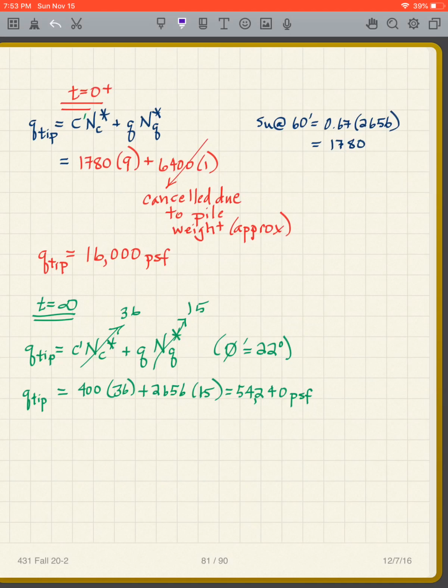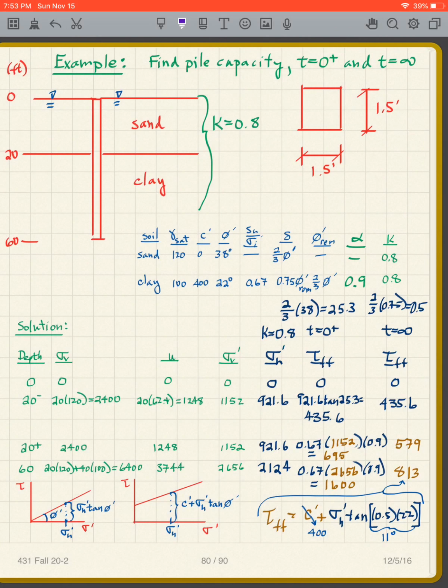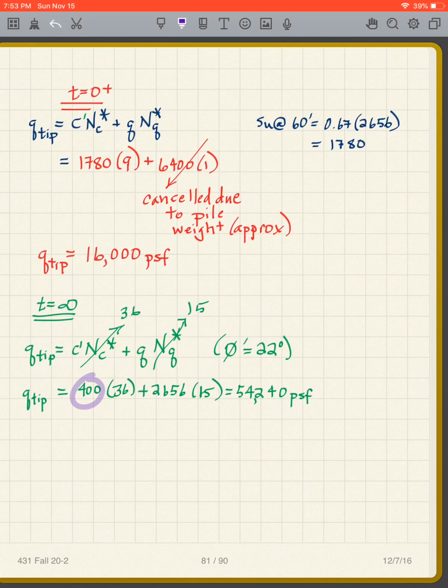And then what? Now I actually use my C prime, the real C prime for T equals infinity. So 400 is my real C prime. It actually goes into this, so there's my 400. And we just got that.